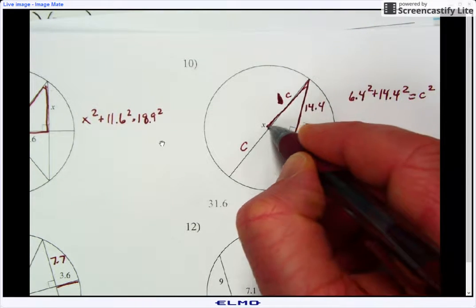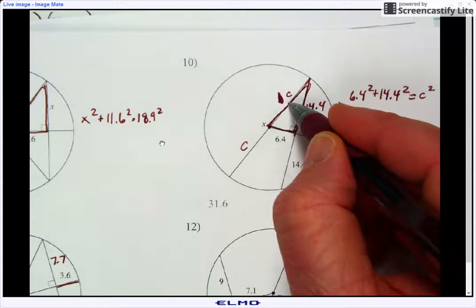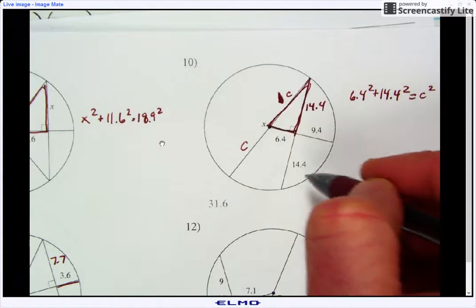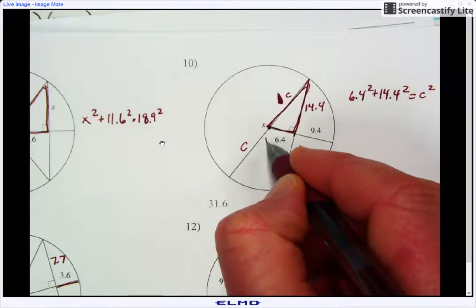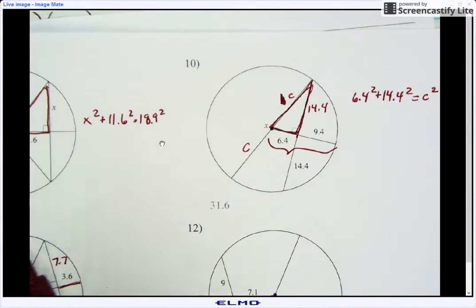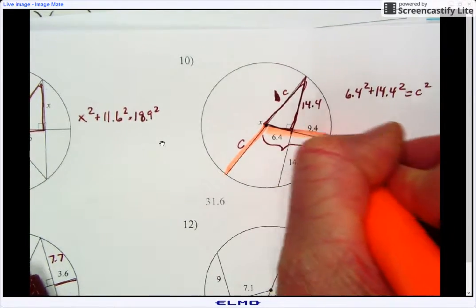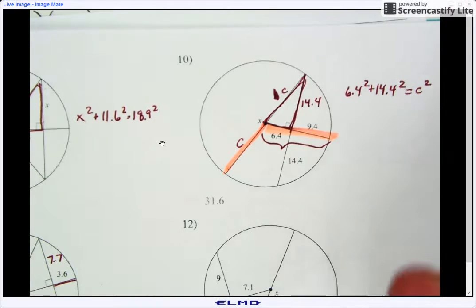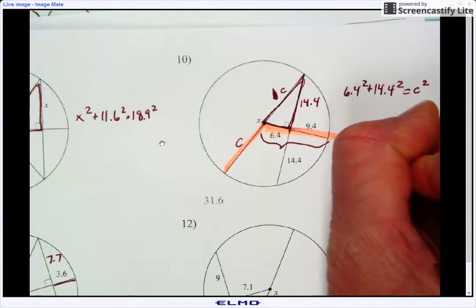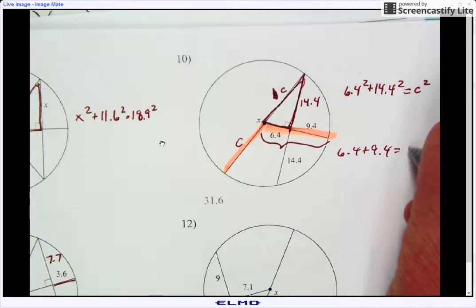So you want to go ahead and do your Pythagorean theorem this way and find out what that is and then double it. Or, this is where you might help yourself, if you notice that the actual hint to find every radius, because every radius is the same, that radius right there, 6.4 plus 9.4 is 15.8.